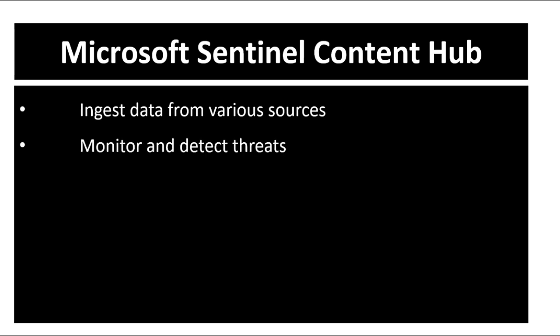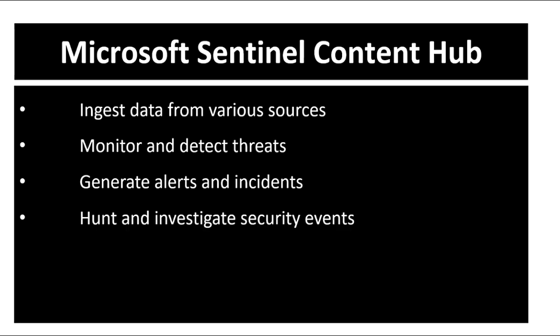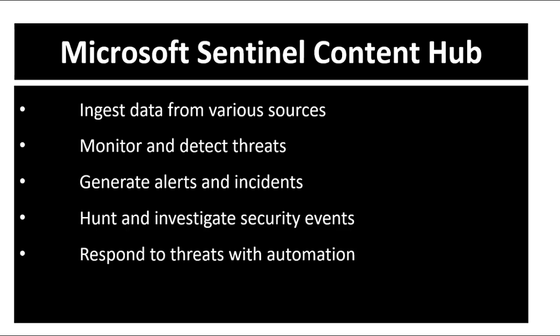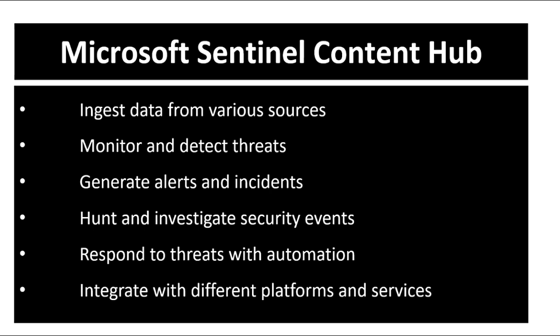It provides essential SIEM components that enable organizations to ingest data from various sources, monitor and detect threats, generate alerts and incidents, hunt and investigate security events, respond to threats with automation, and integrate with different platforms and services. Microsoft Sentinel offers a range of content types designed to enhance security operations. Let's see what those are.